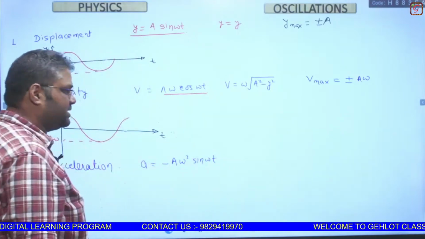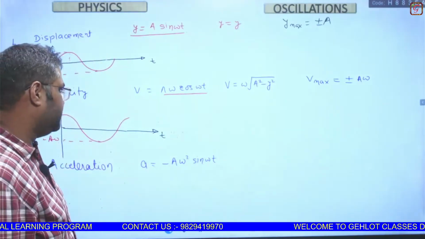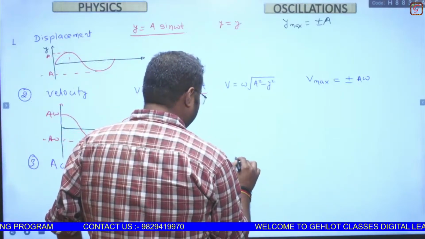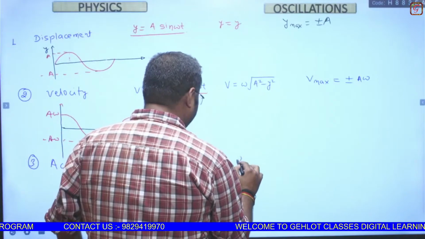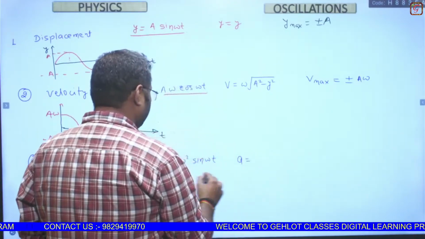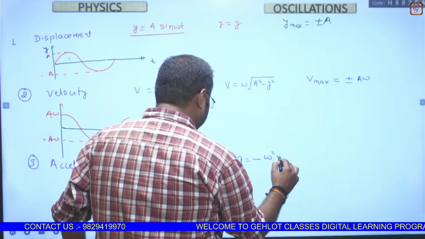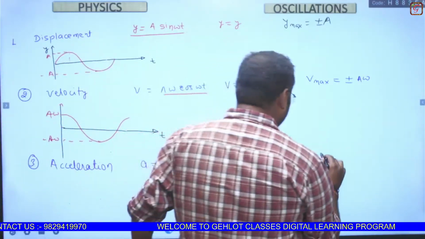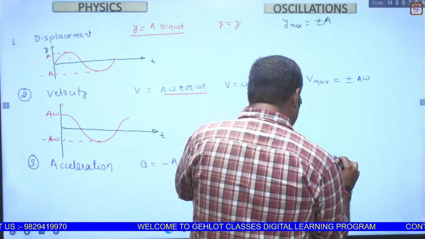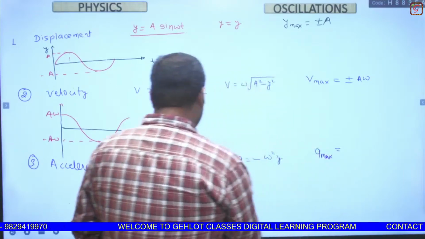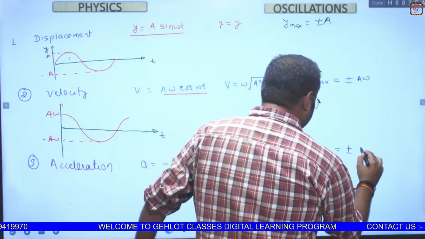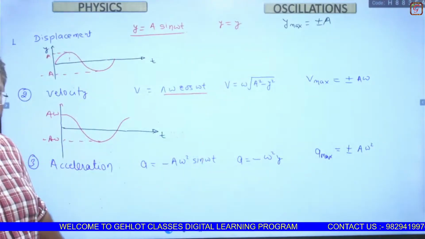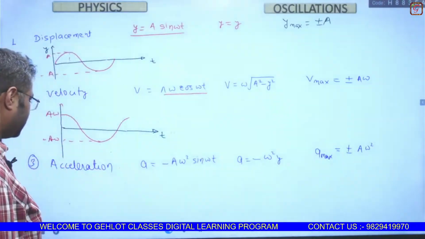This is the expression in terms of time t, and in terms of displacement, a can be written as a = minus omega square into y. And what is the maximum acceleration? A max can be written as plus minus a omega square. Now, can you draw the graph of acceleration here?